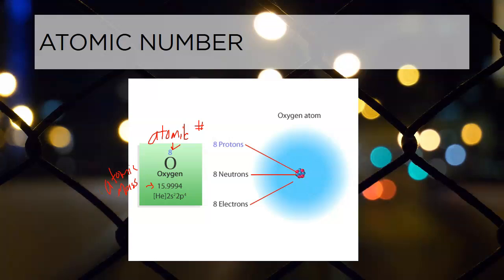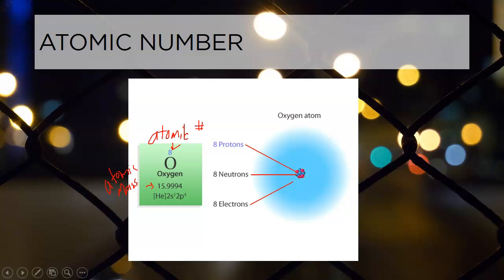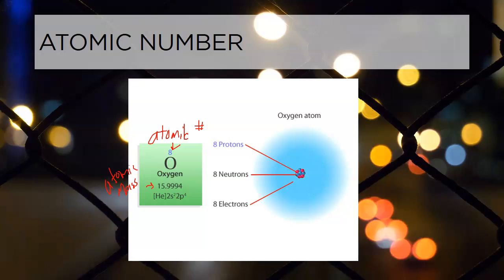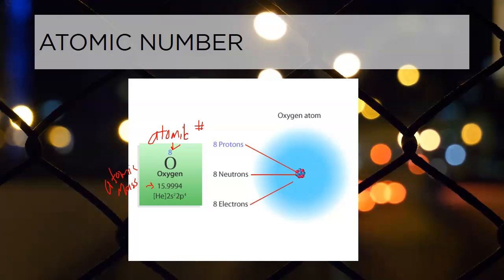And eventually we'll learn what the bottom thing is too, but that's a couple chapters down the road. For now, all you need to know is that the atomic number matches the number of protons. So if oxygen has an atomic number of 8, we know that oxygen has 8 protons. It just happens to have 8 neutrons and electrons as well. We'll get to that later.